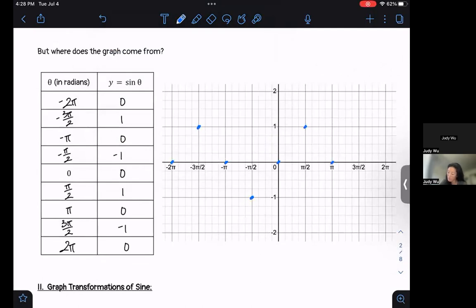Pi, comma 0. 3 pi over 2, comma negative 1. And 2 pi, comma 0. And then I don't want to connect these with straight lines, okay? Because there's actually a lot of other values in between here that we didn't graph, but instead I'm going to connect it with a nice smooth curve. We should end up with something more along the lines of this.